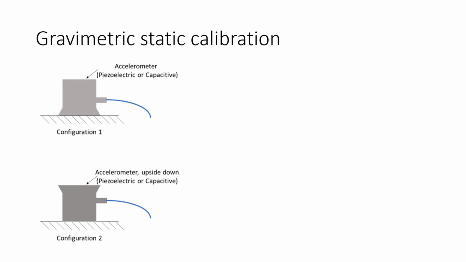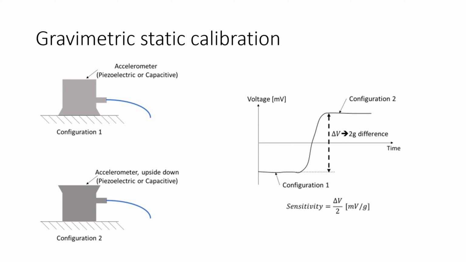We're going to take one of these accelerometers, put it on a table, and then start recording. And as we're recording, we're going to flip the accelerometer on its head in a backwards position. So what we end up getting is we're going to measure voltage values that are going from configuration 1 to configuration 2, and what we are interested in is identifying what the delta V, or the difference in voltage, is between these two configurations.